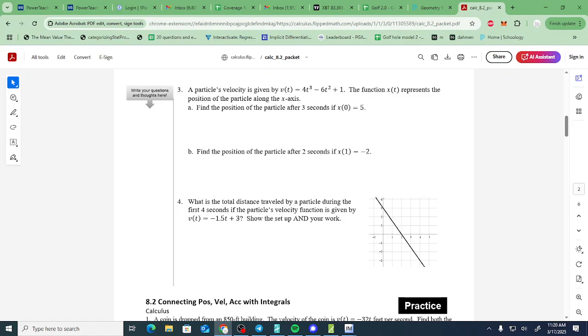Can anybody tell me a different way I could have done that? Might be easier. Wait, wasn't the t squared in your s of t supposed to be t? That's cubed, isn't it? So then c is 0. Yeah. Okay. So c. No, it's just like.